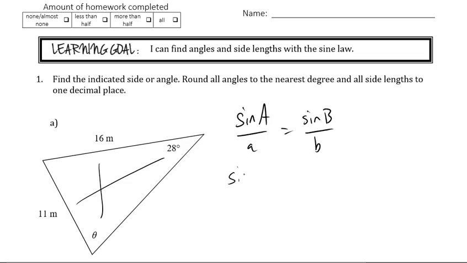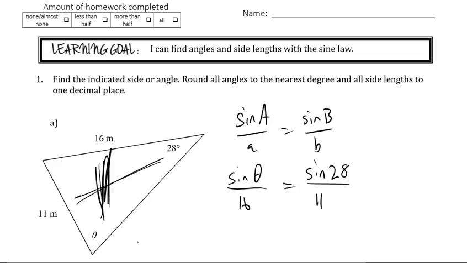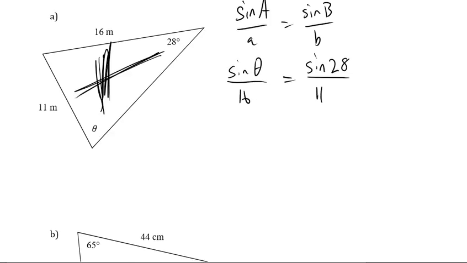Sub in sine of my unknown over 16, because they are across from each other, equals sine of the given angle. You always put an angle in with those ratios, over 11, because those are across from each other. One step to rearrange: 16 times sine 28 over 11.